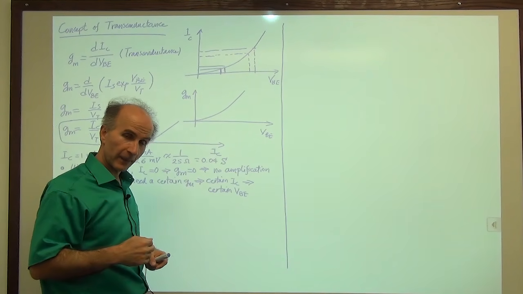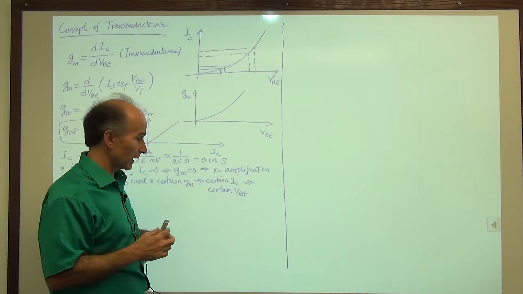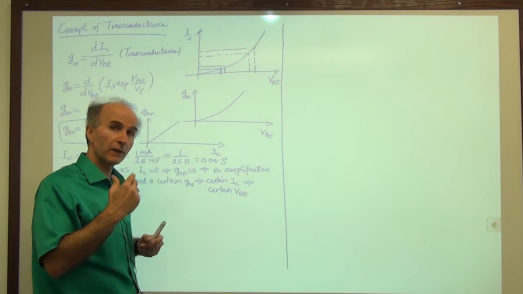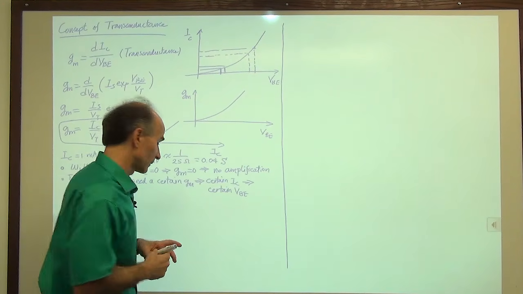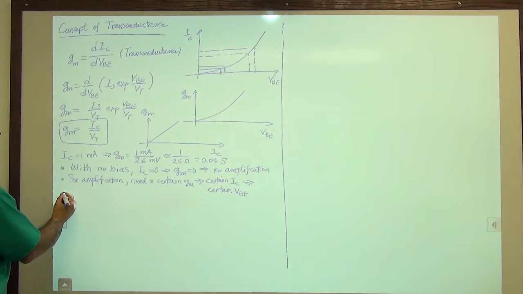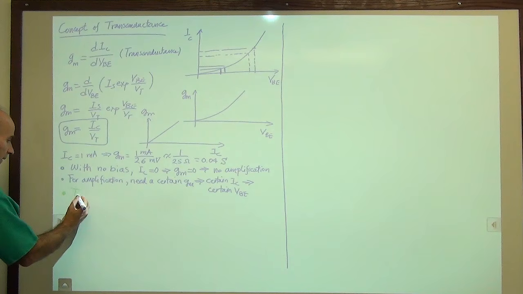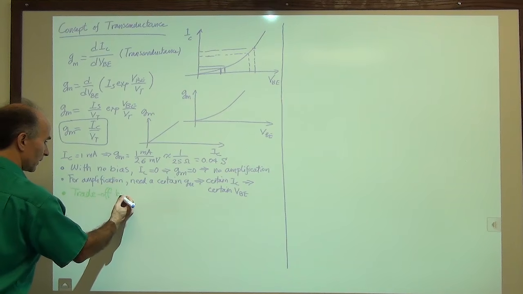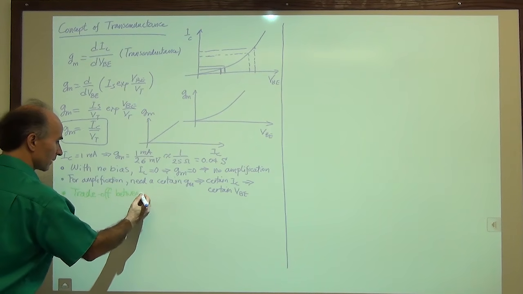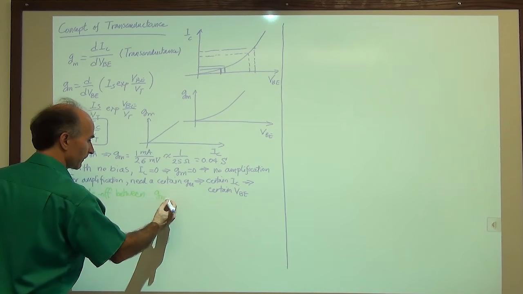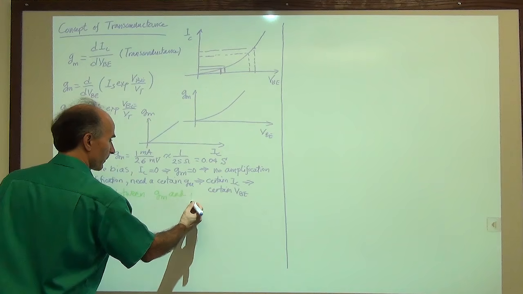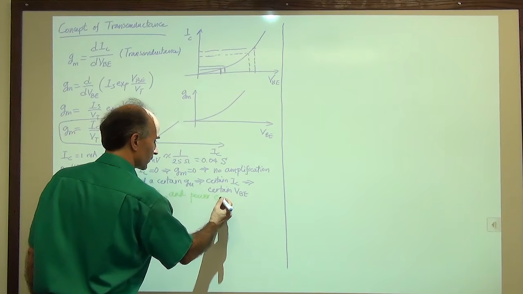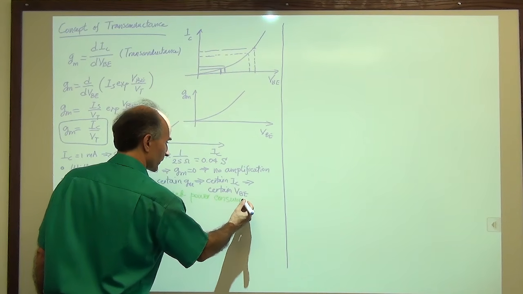out more quickly. So the trade-off that we have is between the power consumption of the device and the transconductance of the device. So we say trade-off between GM and power consumption, meaning how much current we drain from the battery.